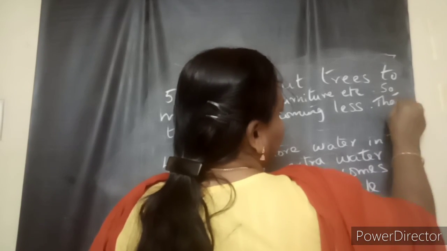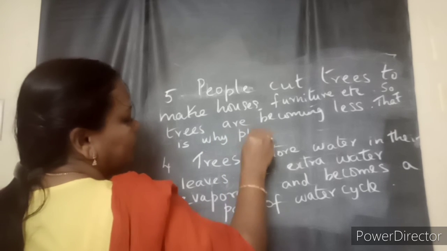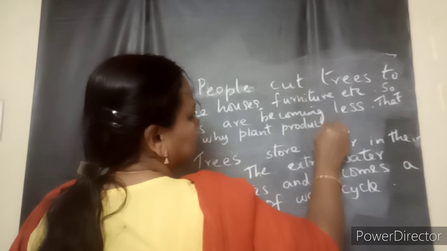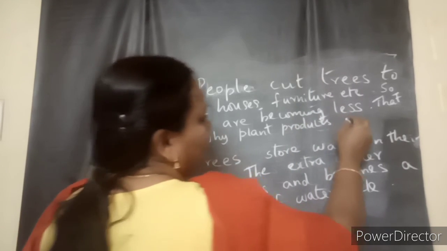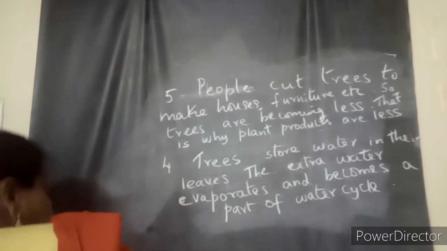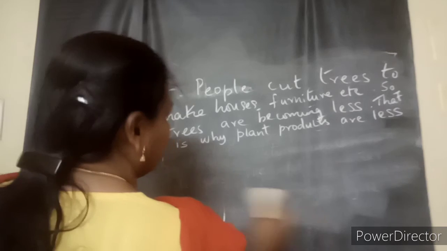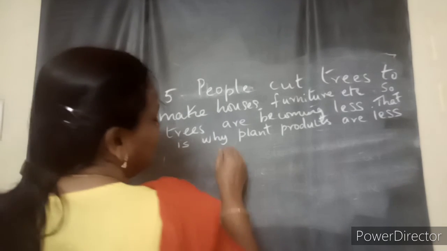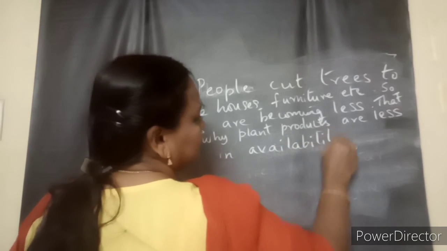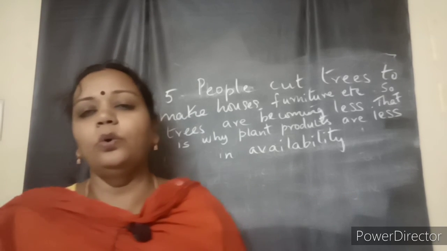That is why plant products are less available, less in availability. They are less on the earth. That also you can write. So you can try to give your own answer also.